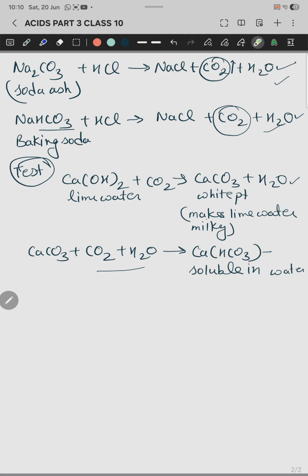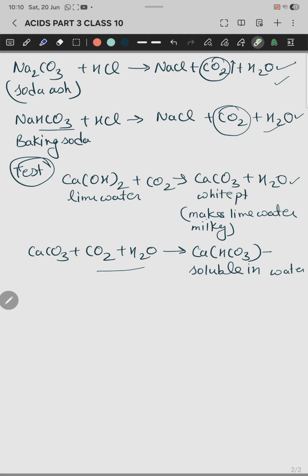I think this is clear to all of you. So carbon dioxide released, we are proving with the help of the test. In the first reaction, lime water, Ca(OH)2, reacts with carbon dioxide and gives you a white precipitate.